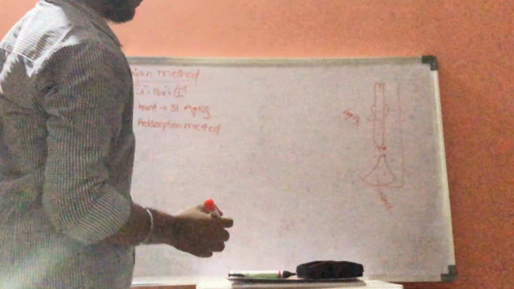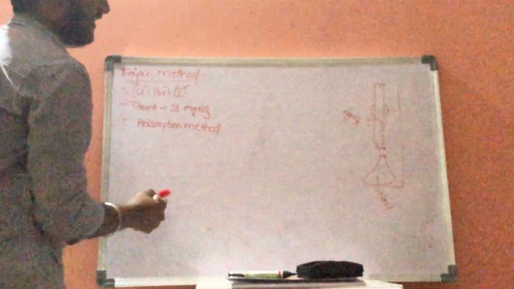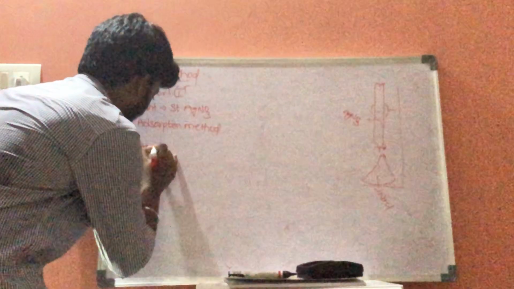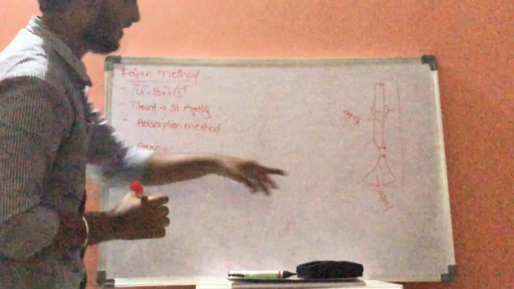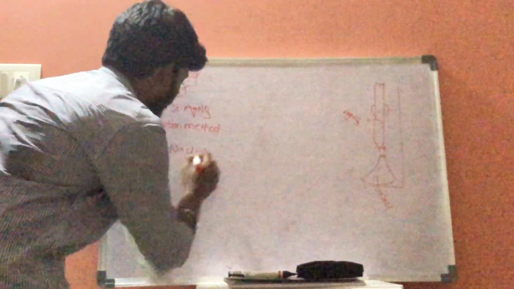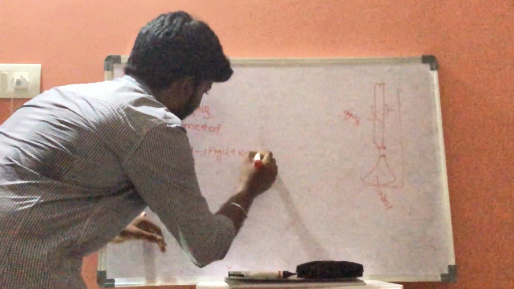When silver nitrate reacts with NaCl, it results in the formation of AgCl plus NaNO3.